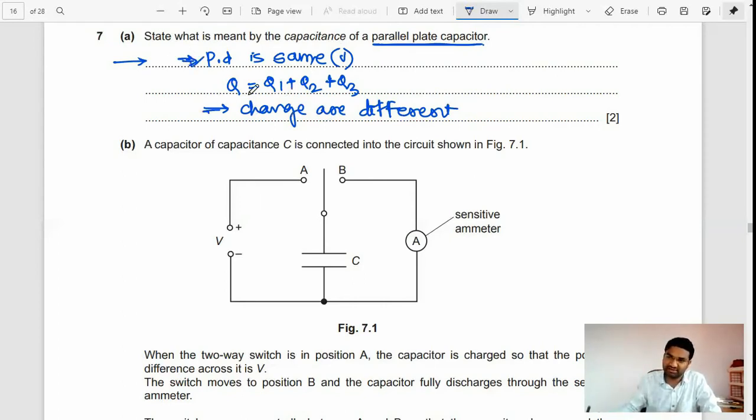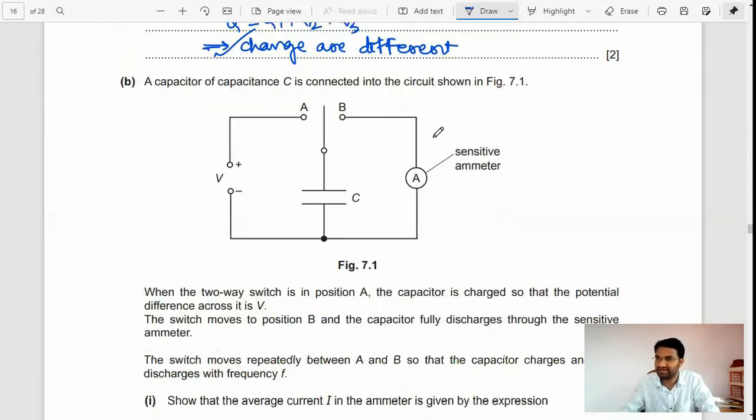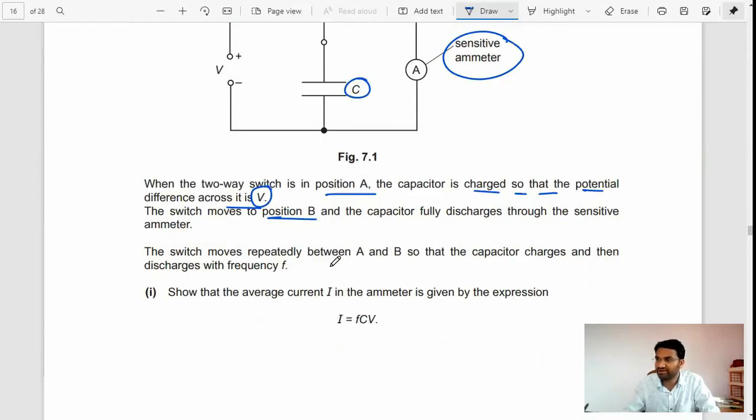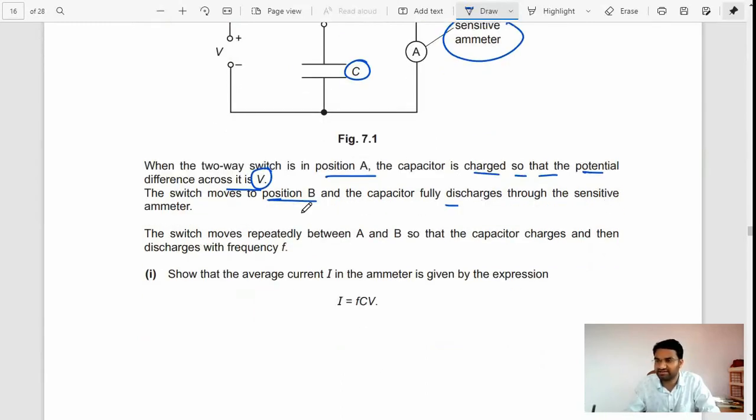Then next, in sub question of 7, it says that a capacitor of capacitance C is connected in the circuit, right? Here the capacitor is connected, then a sensitive ammeter, then a two-way switch with positions A and B. The capacitor is charged so that the potential difference across it is V. The switch moves to position B, and the capacitor is fully discharged through the sensitive ammeter.